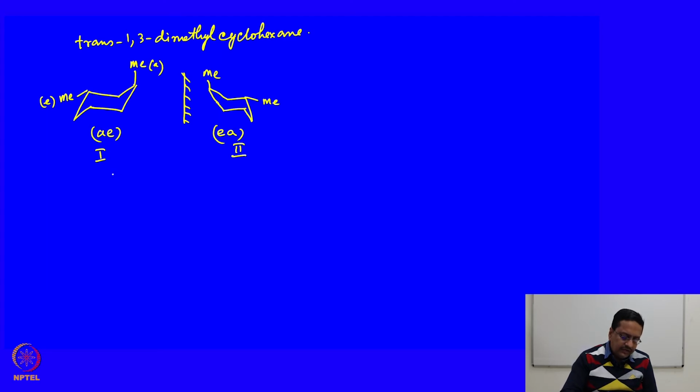And then if we do a ring flip of this first isomer AE, what we get is this.